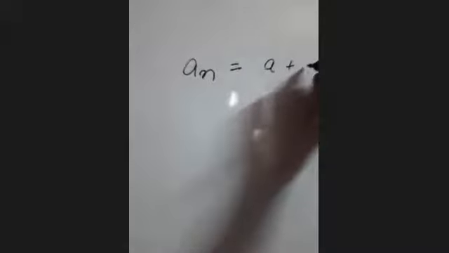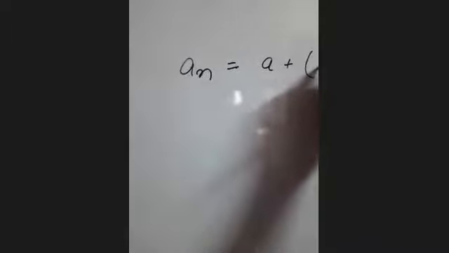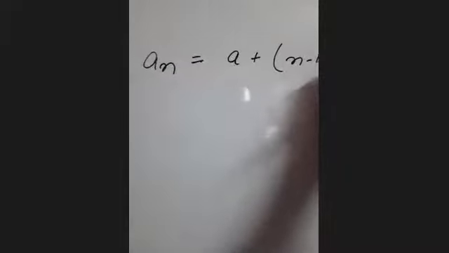Yes, Mayank. an is equal to a plus bracket n minus 1 bracket close, into d. Okay, good. So this is the formula through which you can find the nth term.